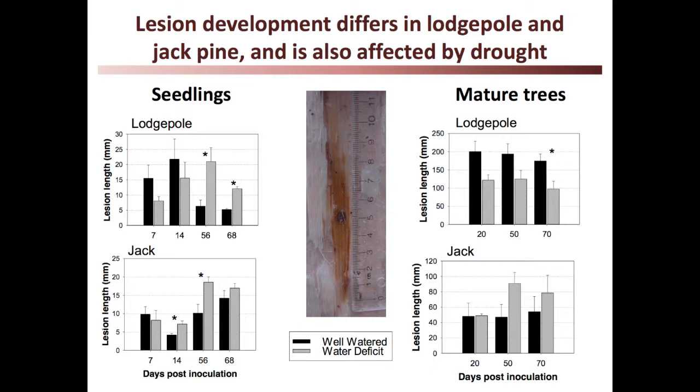And what we see is that lodgepole pine mounts a very rapid response against inoculation by Grosmannia clavigera, and presumably then contains that infection, because we see that this discoloration or this deposition of secondary metabolite then subsides in later days. Under water deficit, this response is slowed.